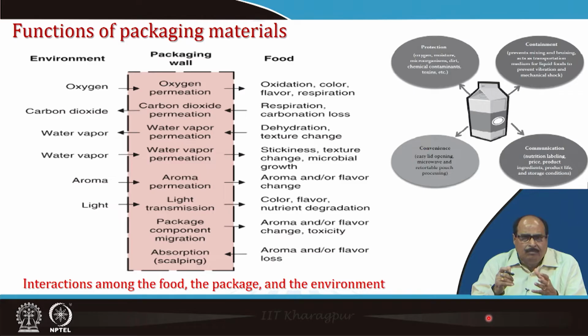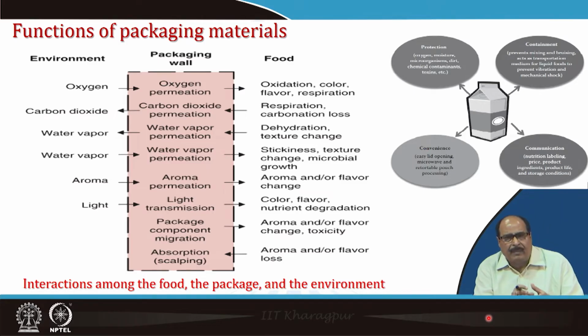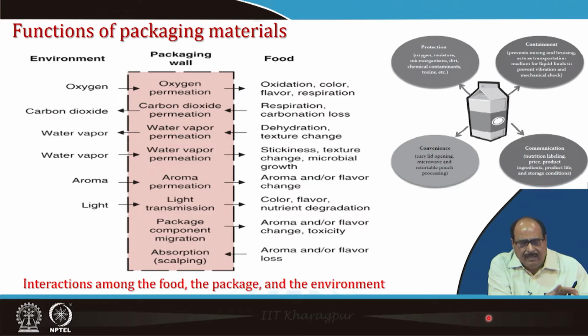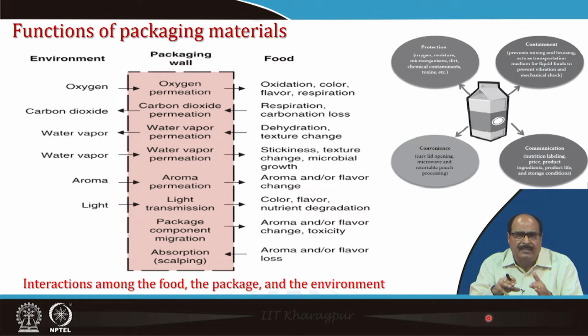For example, there is oxygen. Depending upon the permeability of the packaging material, the packaging wall may allow the oxygen to go out. And if oxygen changes inside the packet, it may catalyze oxidation reactions affecting color and flavor, and this oxygen is also used for respiration. When fruits and vegetables respire, they release carbon dioxide.